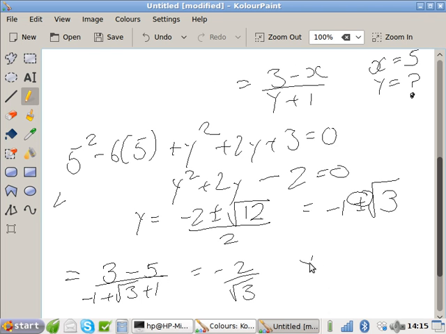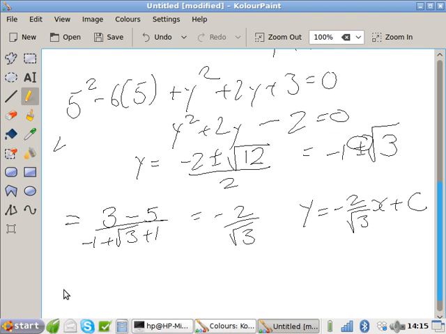So we know that we have y equals minus 2 over root 3 x plus c. So finally, to find the c, we have to use our point. Our point is 5 and minus 1 plus root 3, and then we put in the 5.